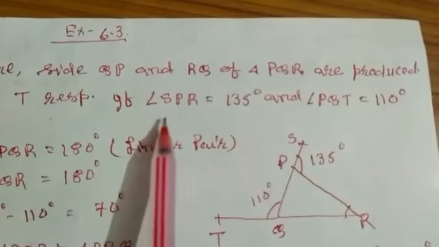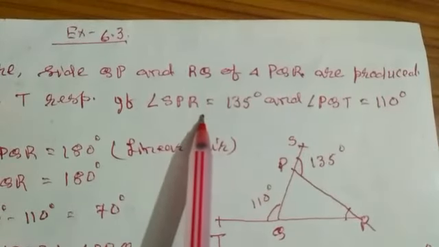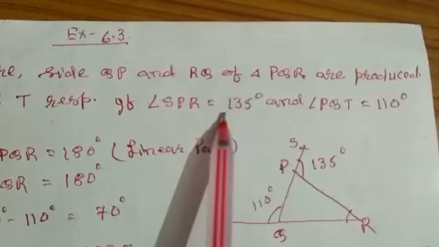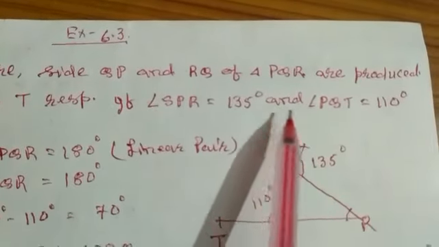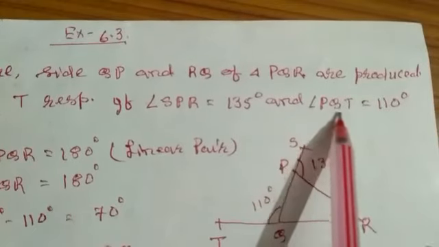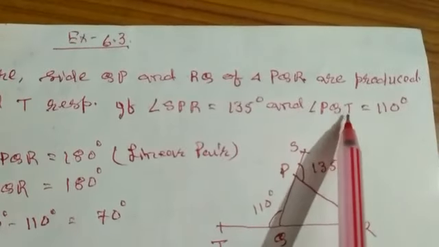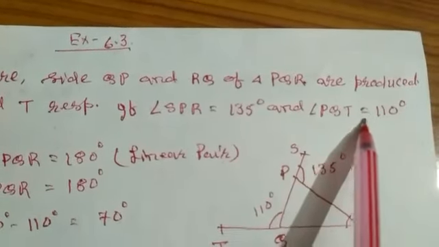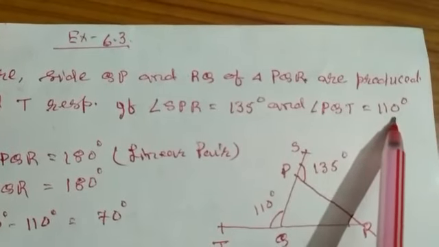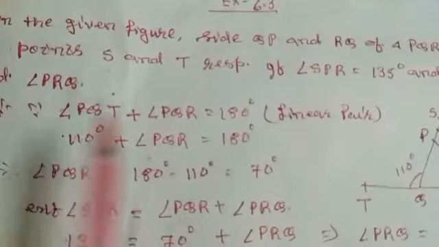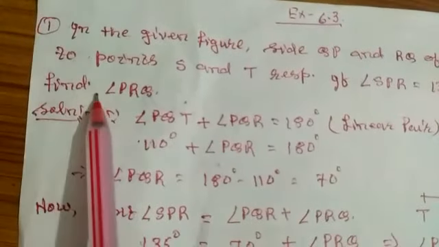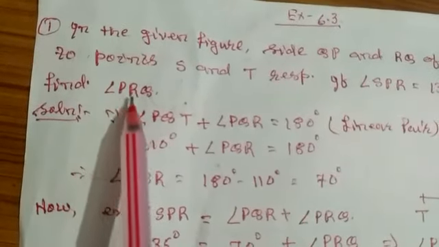If angle SPR equals 135 degree and angle PQT equals 110 degree, then you have to find the angle PRQ.